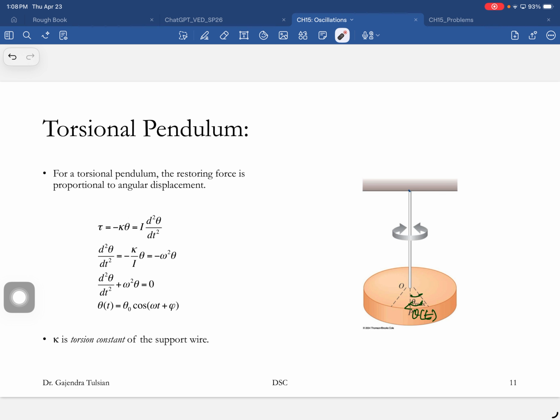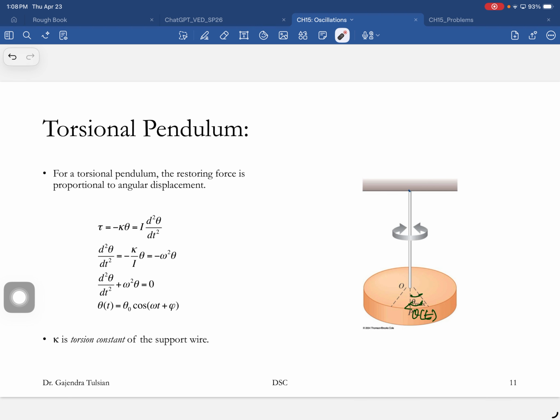Steel. How about a cooked piece of spaghetti? Very small. It'll probably be 0. So now you know what that kappa means. It's the torsion constant. The stiffer the material, the greater the restoring torque.